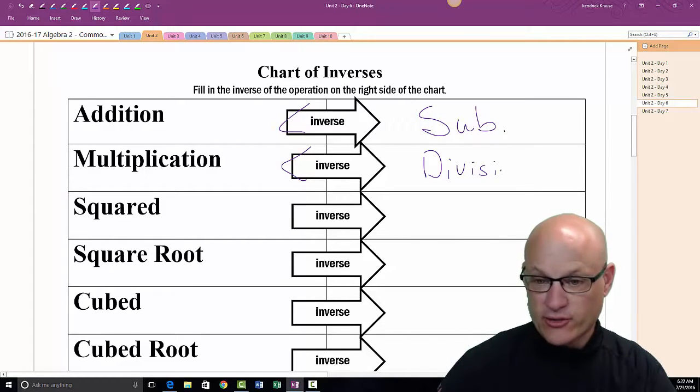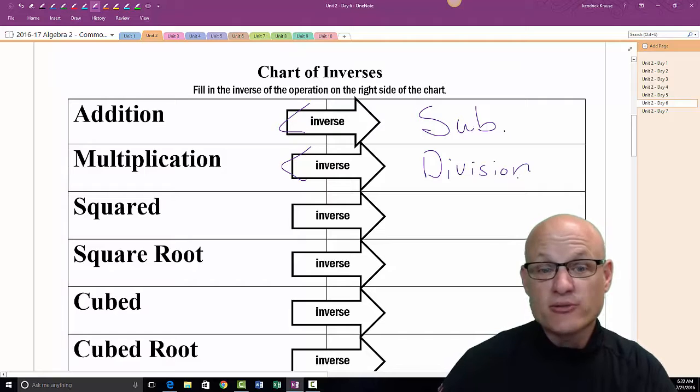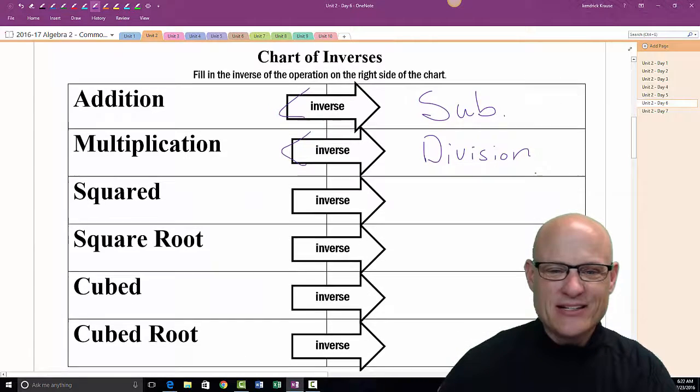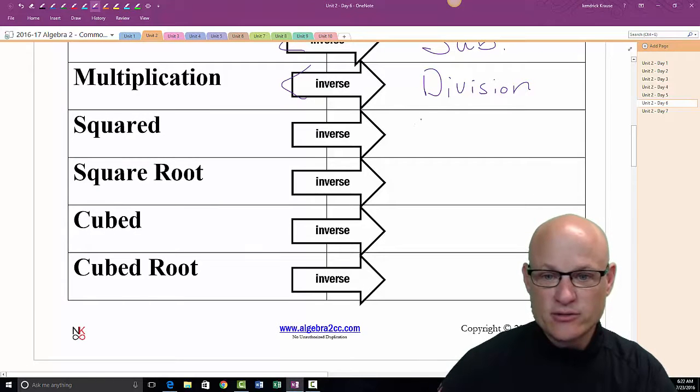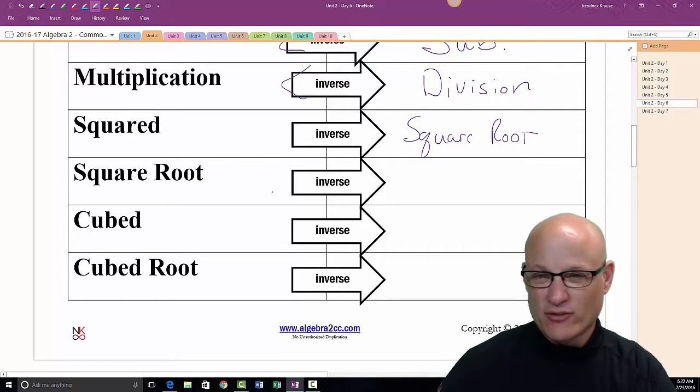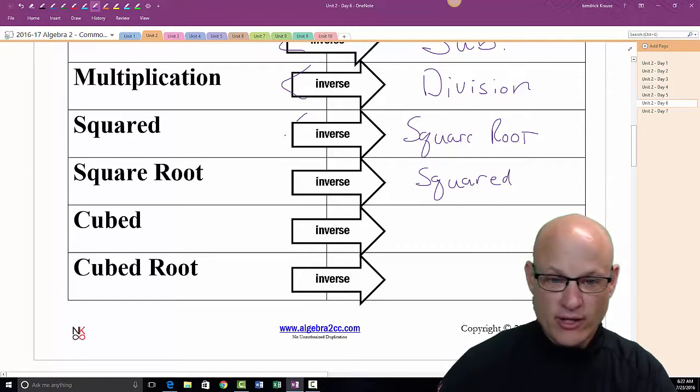The inverse operation of division is multiplication. What's the inverse operation of something that's squared? Square root. What's the inverse operation of a square root? Squared. Now, I could have just put a double arrow here.